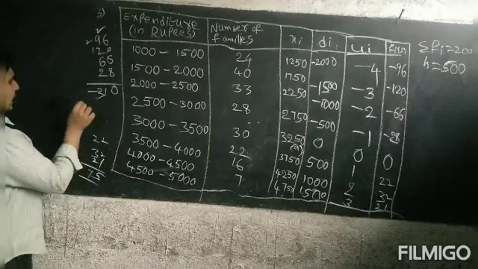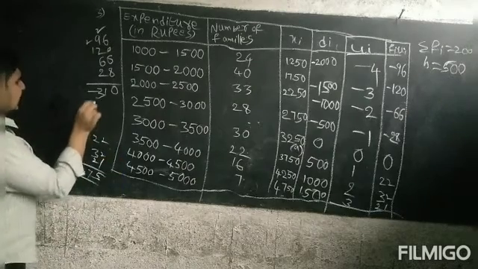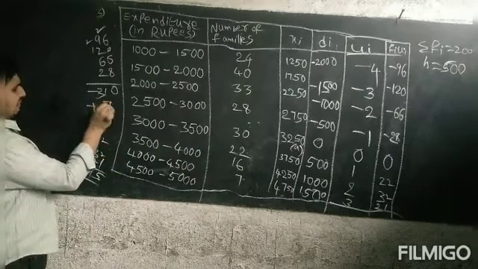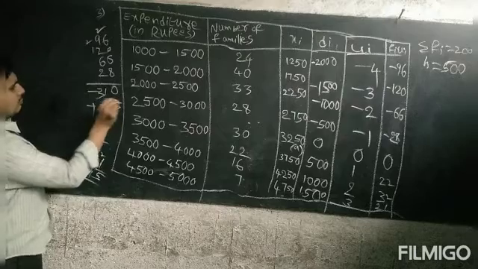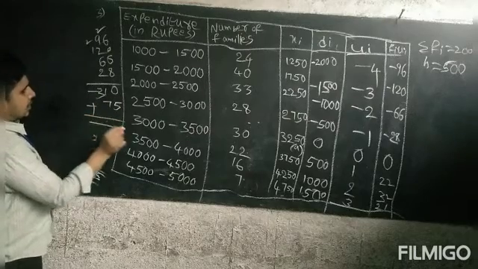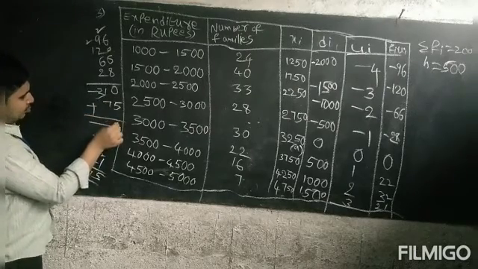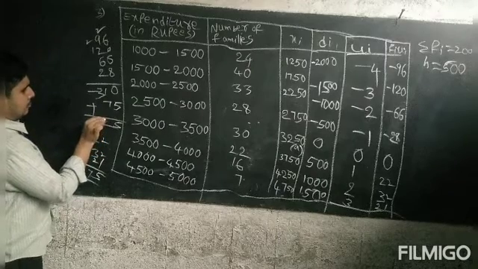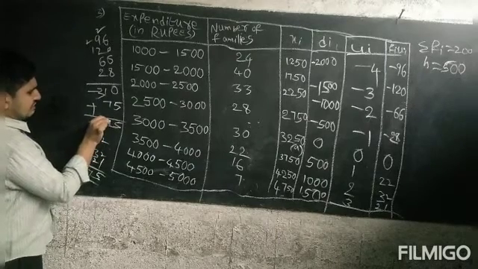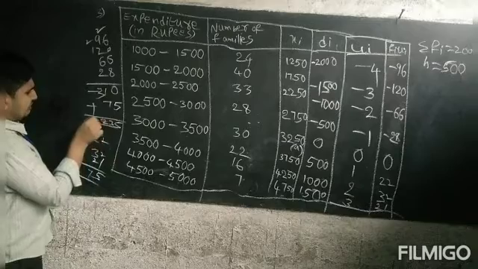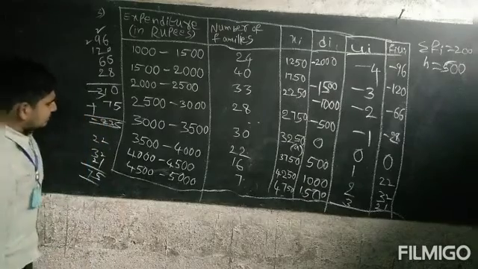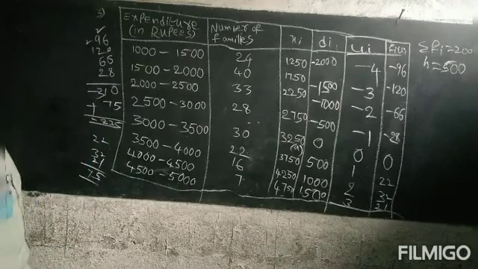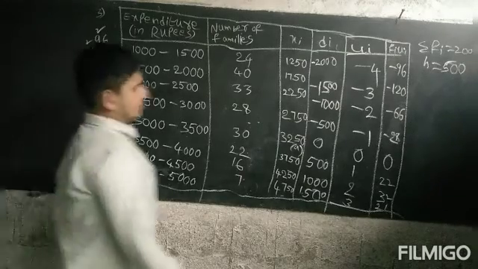Now minus 310 plus 75 gives minus 235. So sigma f_i u_i equal to minus 235.